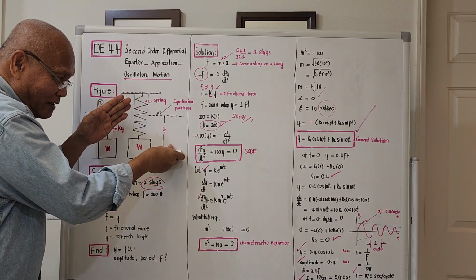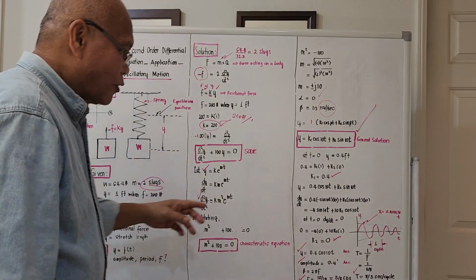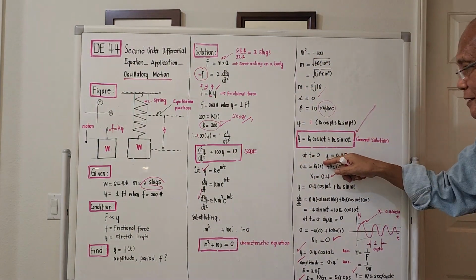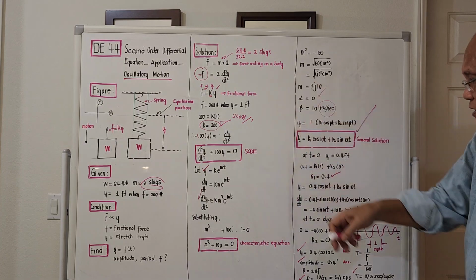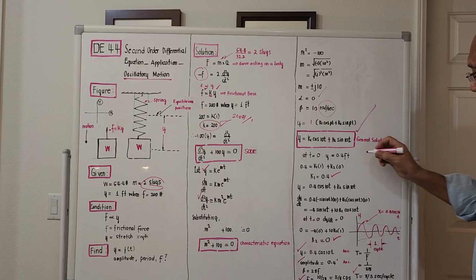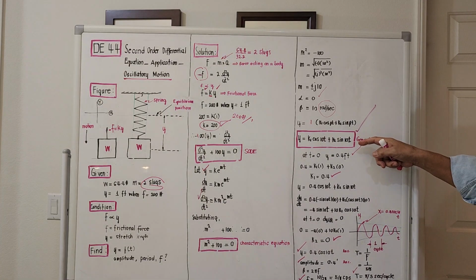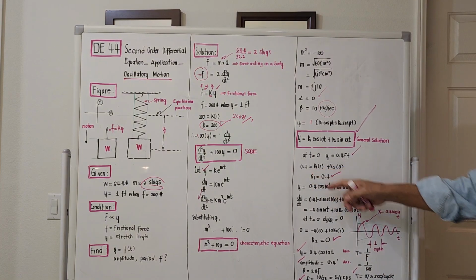So at y equal to 0.4 feet, the time is actually 0. So we place it here. At time t equal to 0, we push it down, then we release it, meaning at time t equals 0, y is actually 0.4 feet, right? So using this condition here, we place it back in the general solution, 0.4 will be equal to k1.